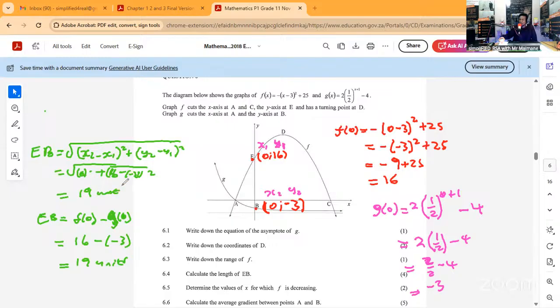So regardless of whichever approach, I know that some student could have approached it like this, and another student could have approached it like this, but otherwise it has to be 19 units. Happy? We are good, ne?